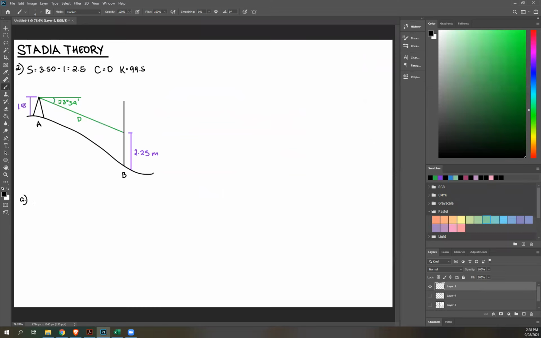So part A, D is Ks cosine alpha plus C. Now it's just a matter of direct sum. K given 99.5. S solved for 2.5. Cosine alpha given 23°34'. And C is 0. Please solve. What's the answer?